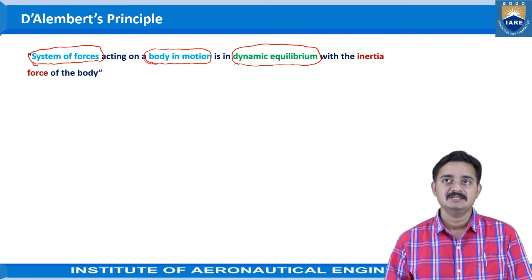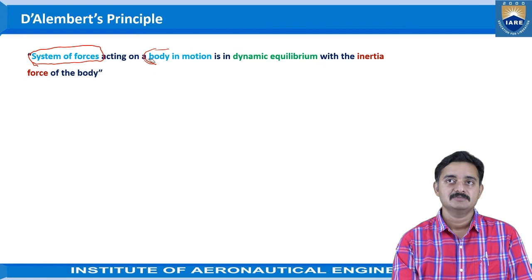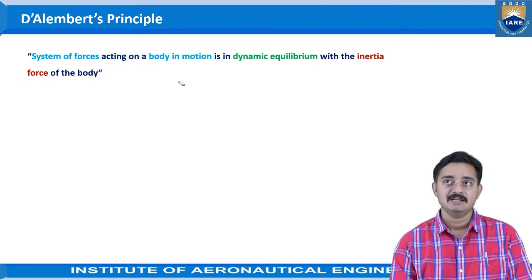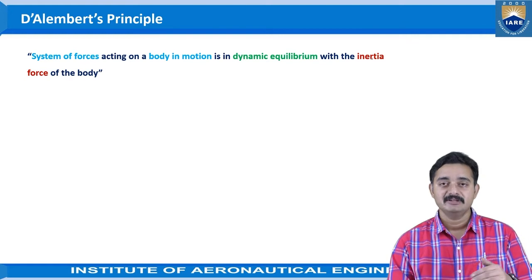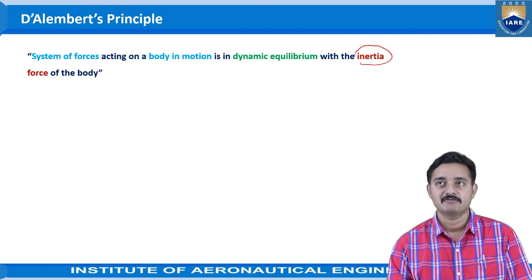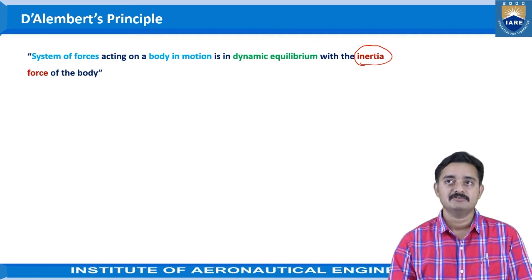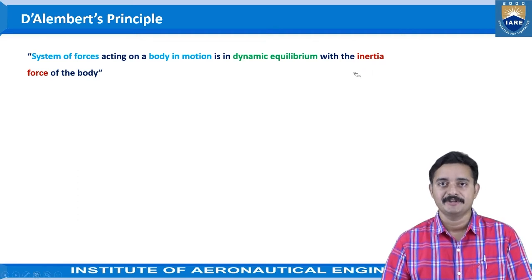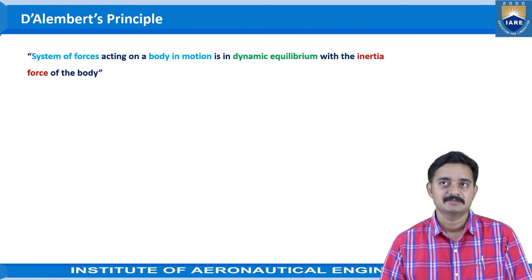So these three are the important terms involved in D'Alembert's principle, where the dynamic equilibrium state will be achieved by the system because of the inertia force of the body. So this is what D'Alembert's principle says.